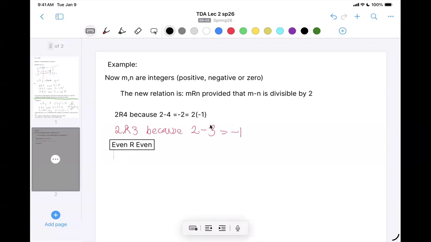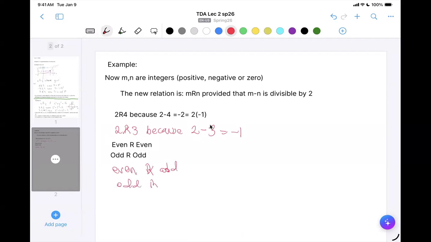And an odd number is related to an odd number. But an even is not related to an odd, and an odd is not related to an even.